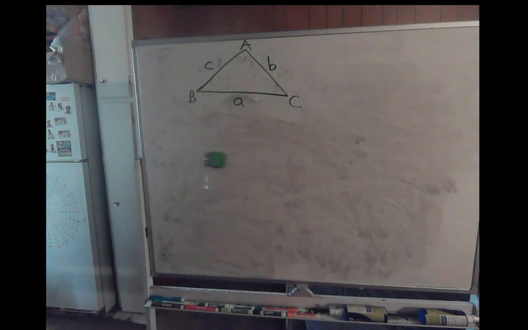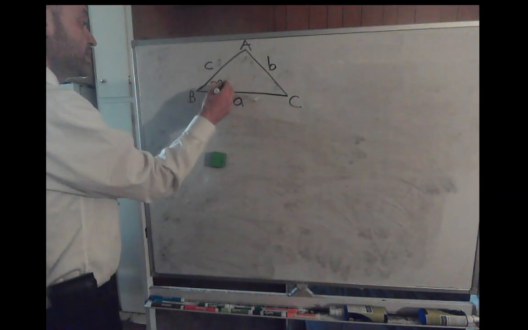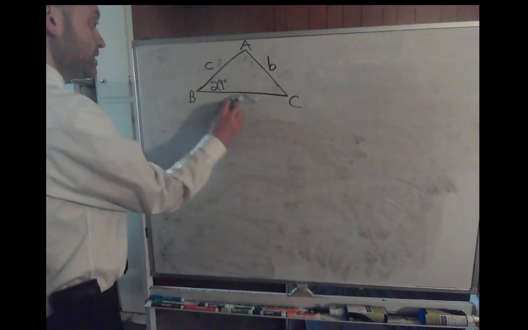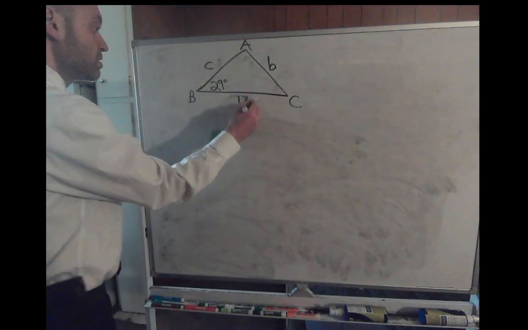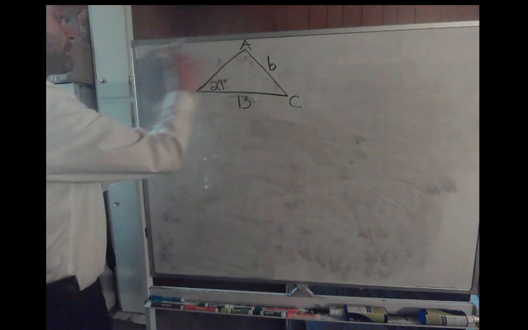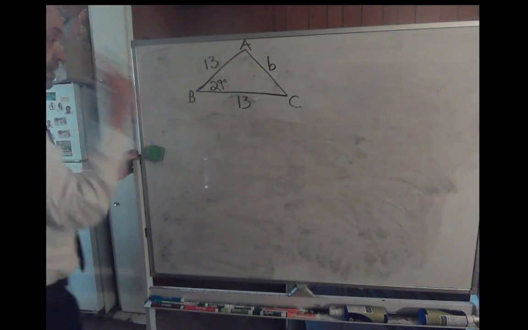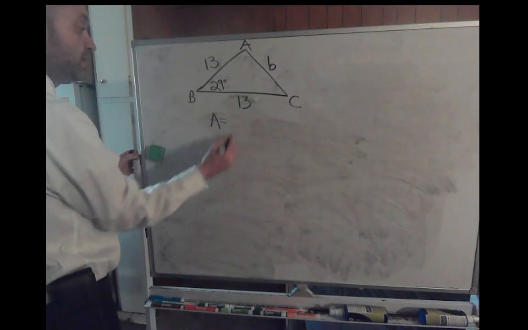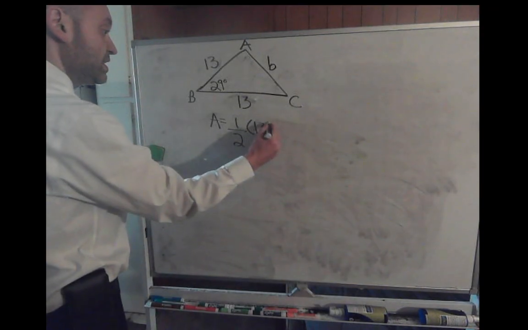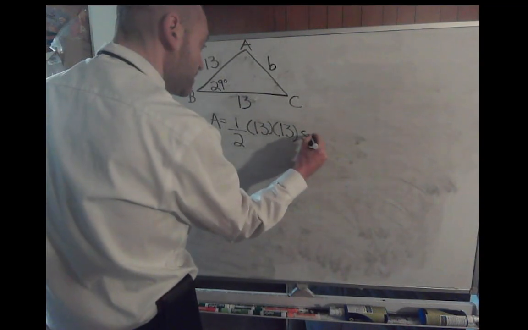All right, 3 more. B has an angle measure of 29 degrees, A is 13, and C is also 13. Let's find the area. That's going to equal 1/2 times 13 times 13 times the sine of 29 degrees.